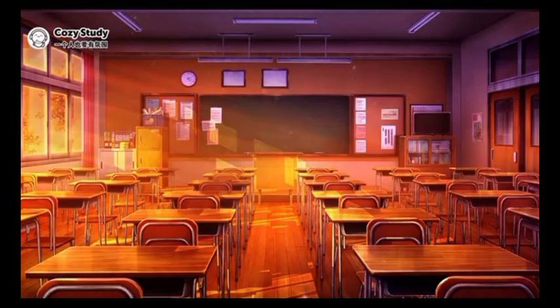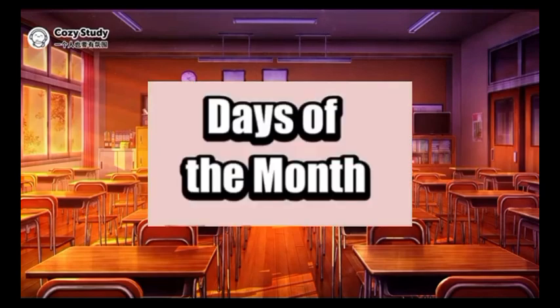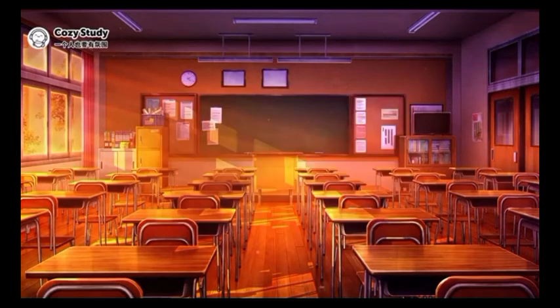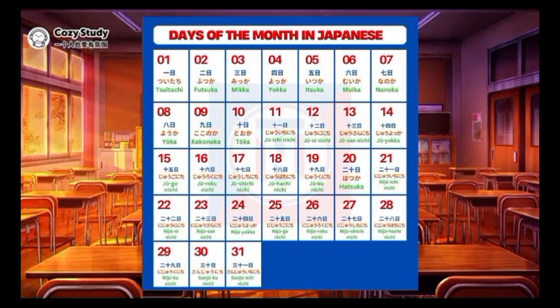Now, in this part of the video, we're going to talk about the days of the month. Actually, the days of the month do not follow completely the Japanese counting. There are some numbers that are different. For the first day of the month, Tsuitachi.